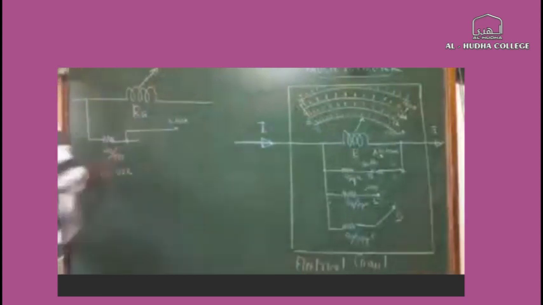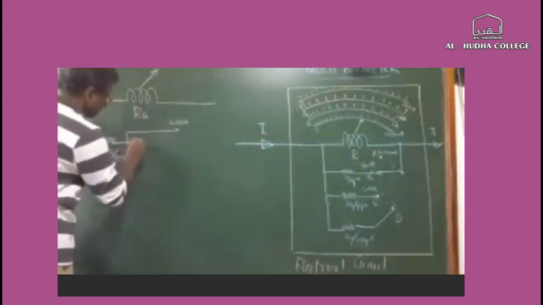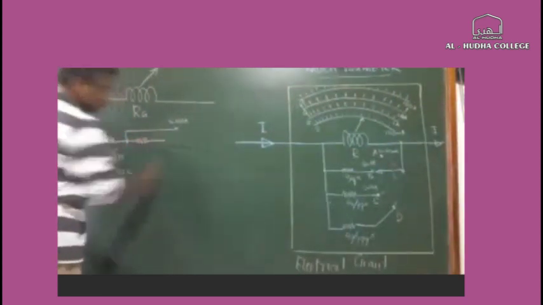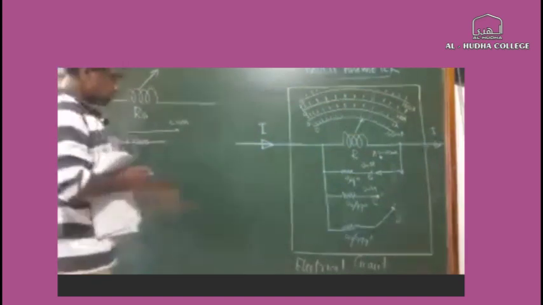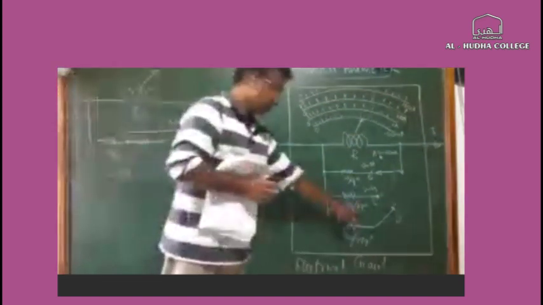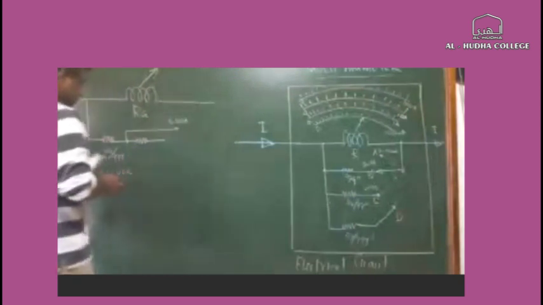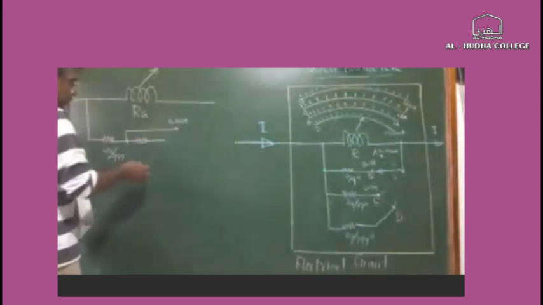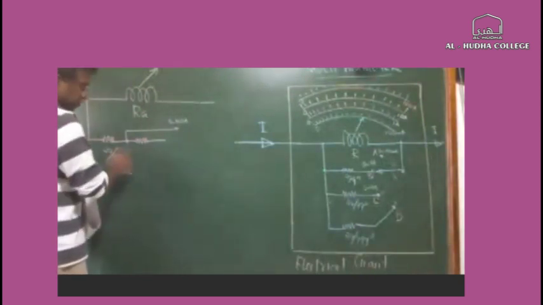Now, because this is the smallest resistance, I first take the smallest resistance and put it here. Then for the next range, what I do is I only put here the difference between this one and this.